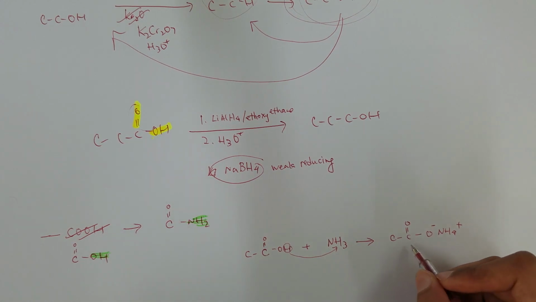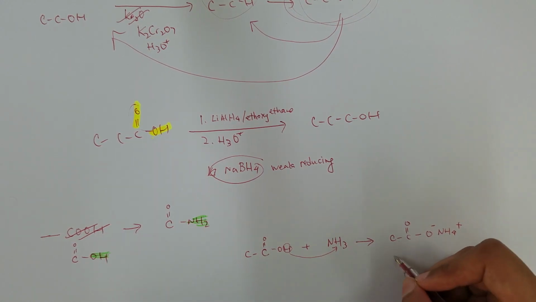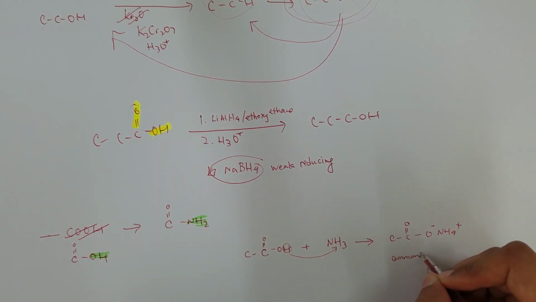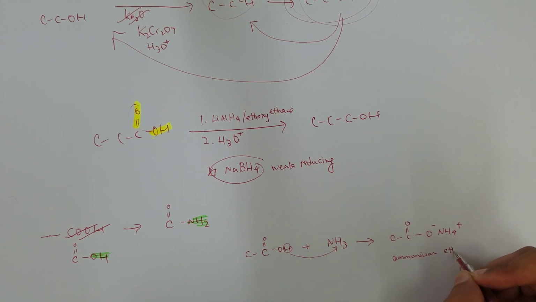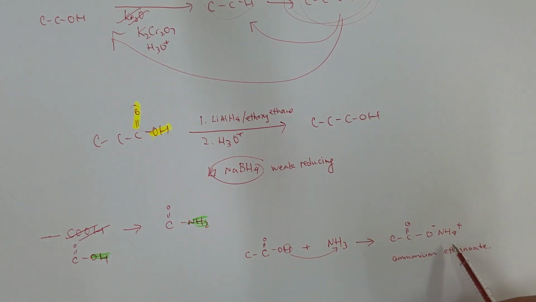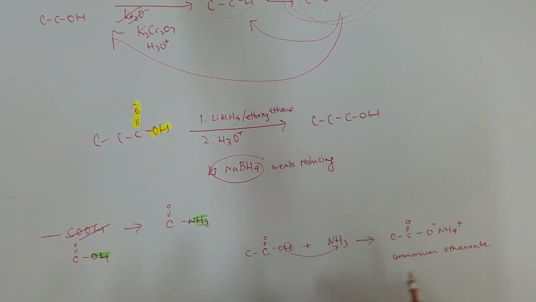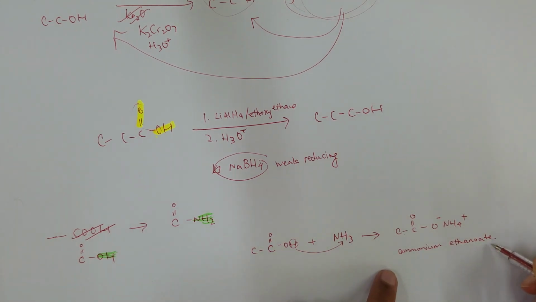So I'll get ammonium ethanoate. Okay? So, do you have to know this? Just get to know it now. They will not actually ask you to write the equation, but it's good to know the middle step. So I have ammonium ethanoate.